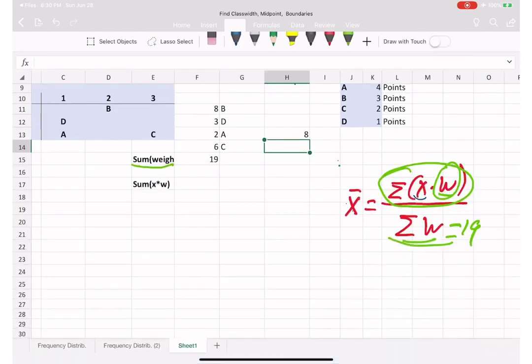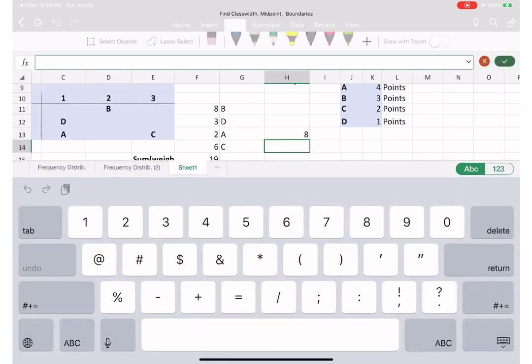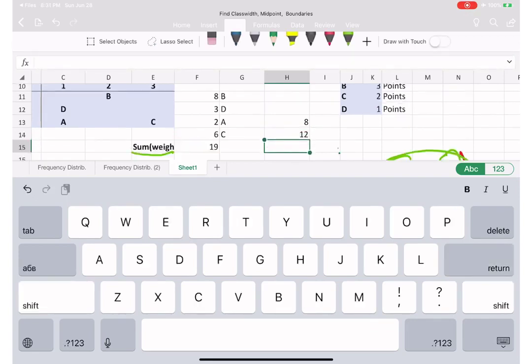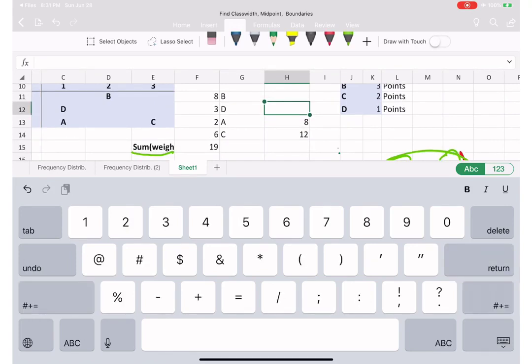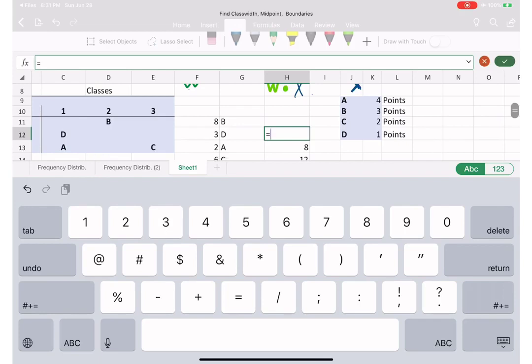Next, here we have C. How much is our C? The weight. The weight of C is 2. And we multiply by 6. Okay. We need D, equal sign. For D, we have 1 point, and we multiply by 3.